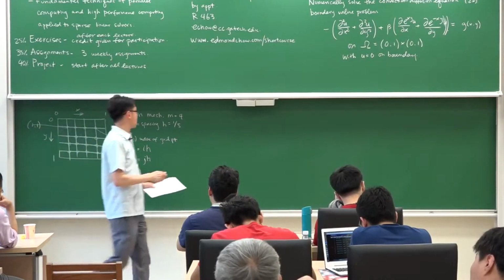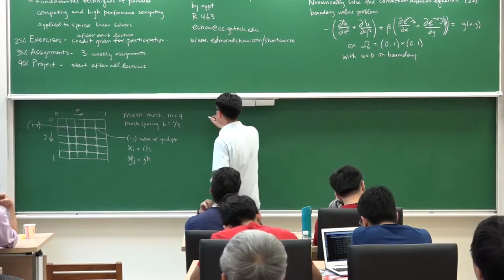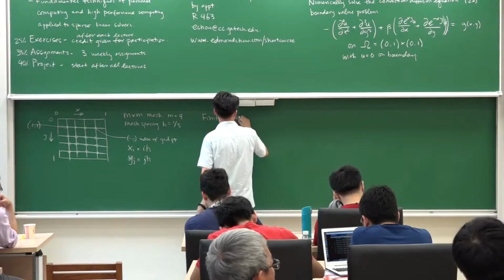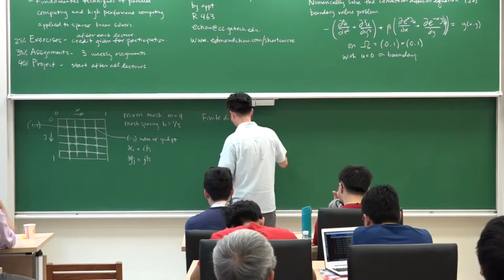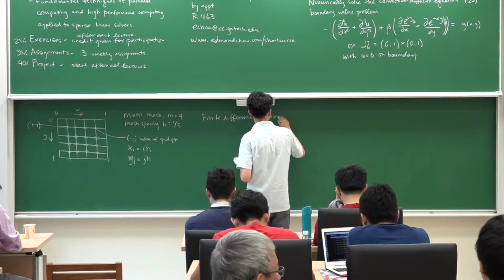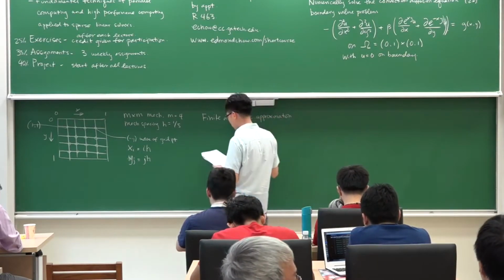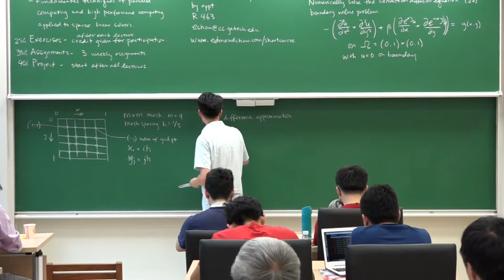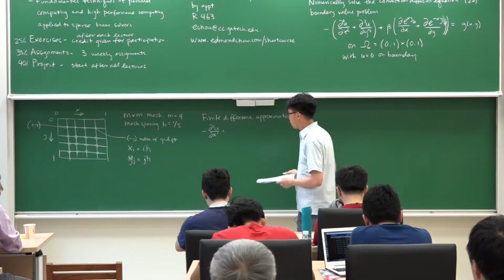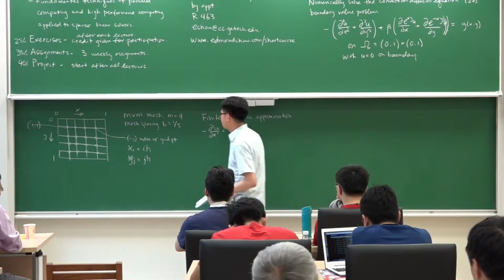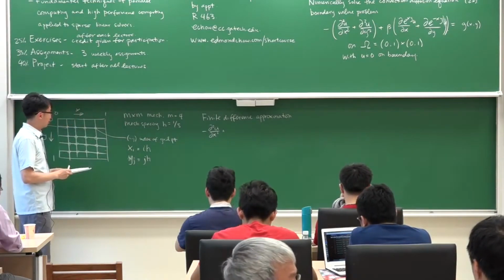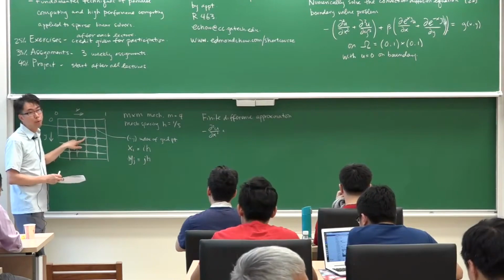Then the finite difference approximation for each one of these terms. Let's first consider the second derivative of u with respect to x. Suppose we want to find it at some ij point.